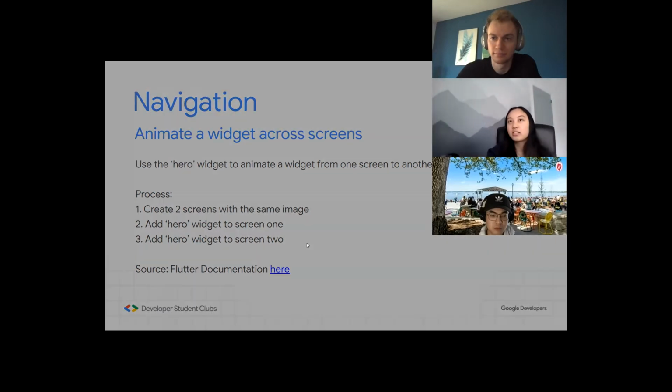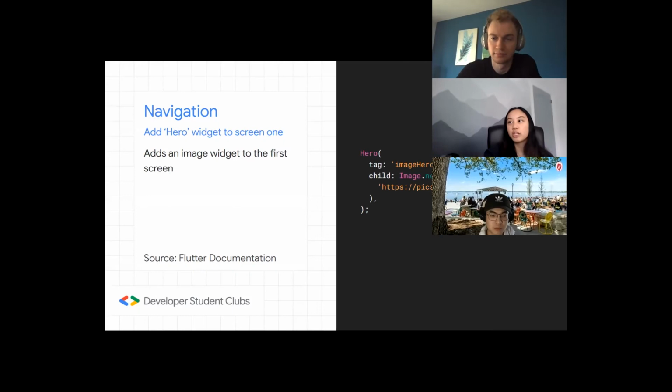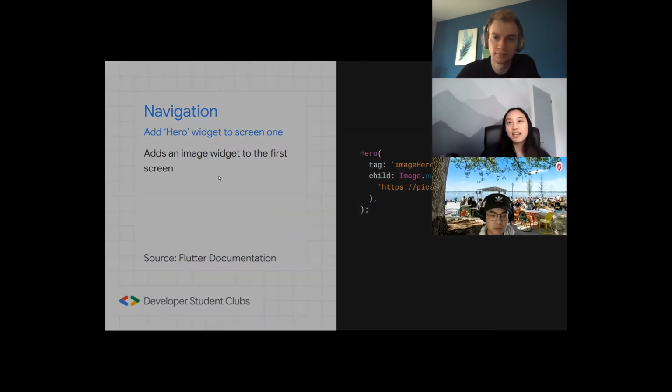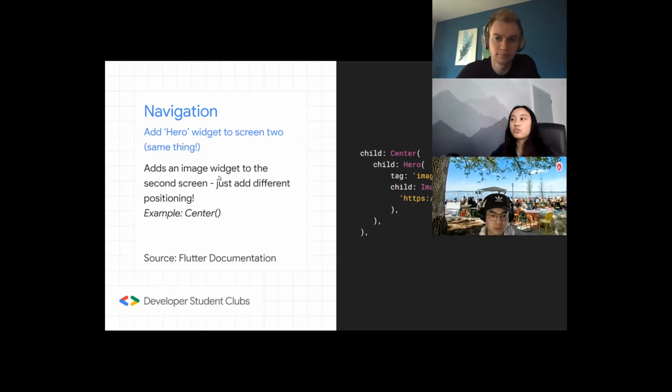An example of this is your hero widget would go to an image here. So of course, image network, and then the link of your image in your files. And then you encompass it with a hero widget. And similarly with the second screen, you do the same thing, but this time I put it in the center of the screen.